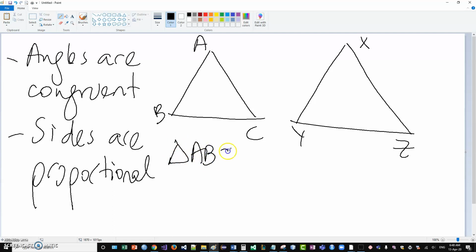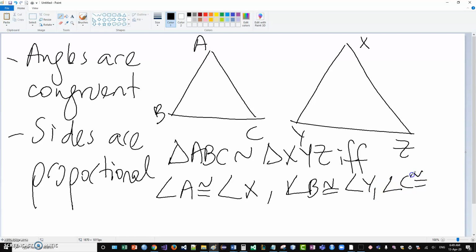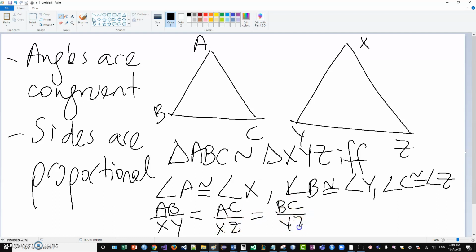We can say that triangle ABC is similar to triangle XYZ if and only if angle A is congruent to angle X, and angle B is congruent to angle Y, and angle C is congruent to angle Z, and AB over XY equals AC over XZ equals BC over YZ.